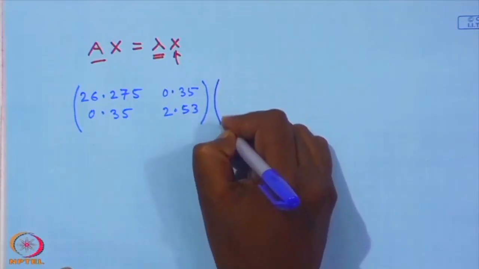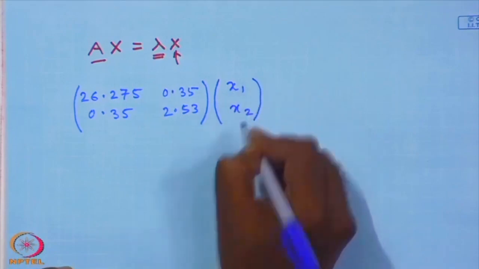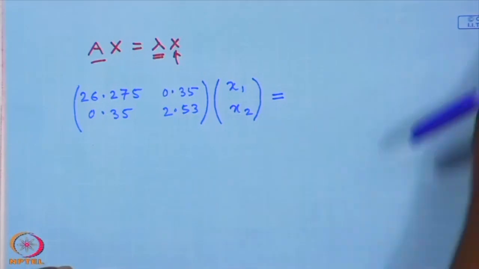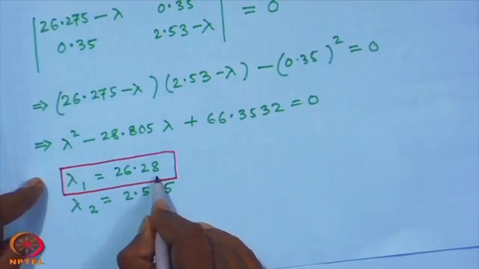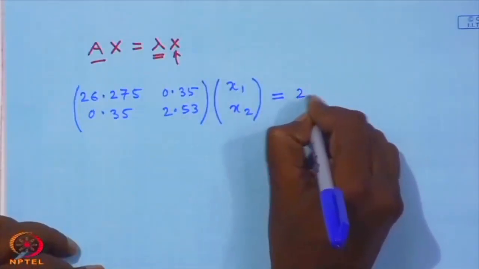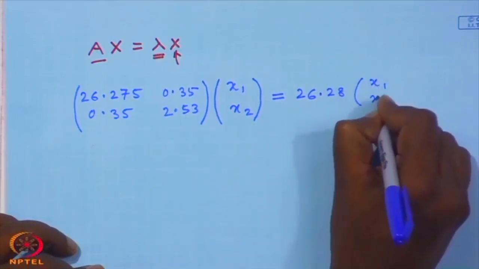If I assume that the eigenvector corresponding to the maximum eigenvalue of this covariance matrix is x, and this being a two-dimensional matrix, it has two components x1 and x2. So, this has to be equal to lambda times x, where the maximum eigenvalue is 26.28, so this is simply 26.28 times (x1, x2).